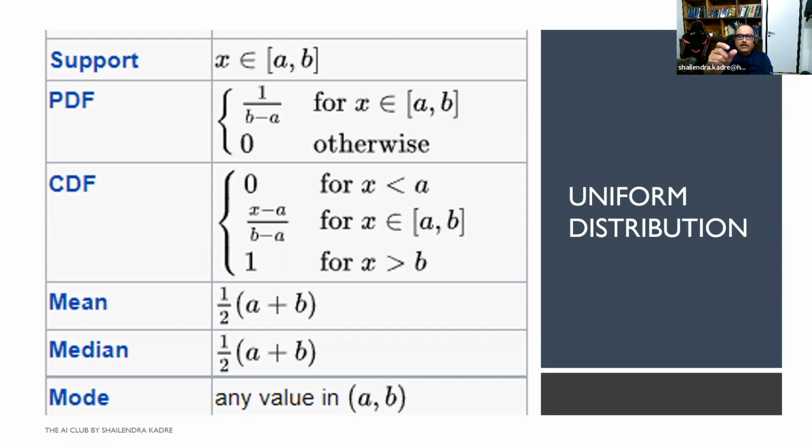When X is less than A, CDF is 0. Cumulative probability is 0. And when X is in between A and B, it is X minus A upon B minus A. What will be the value of CDF for X greater than B?